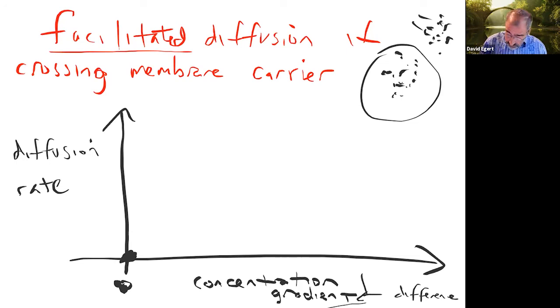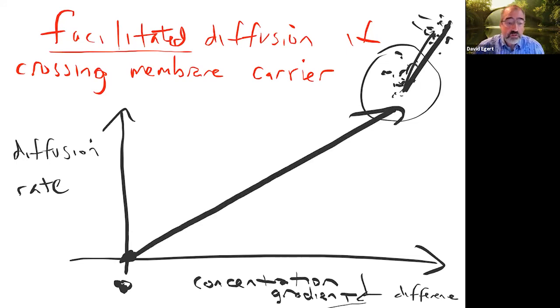The greater the differences between the inside and the outside, the faster things are going to move from one side to the other. So this is normal diffusion: the greater the differences between the two sides, the faster things move from one side to the other.